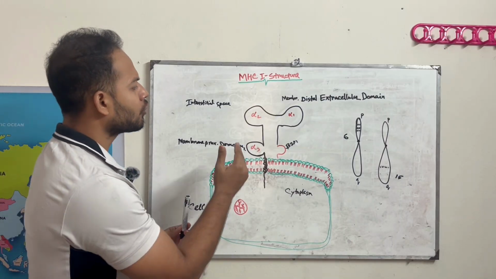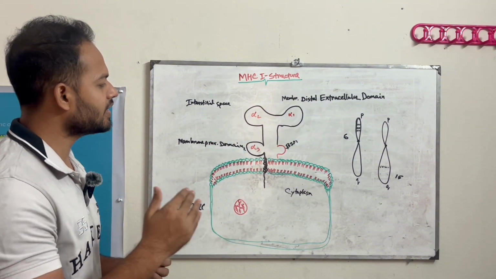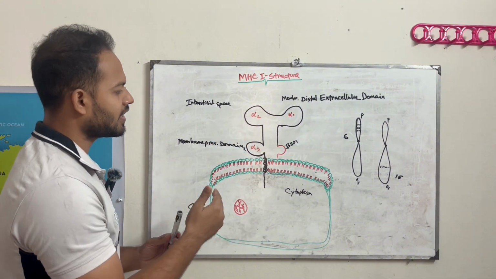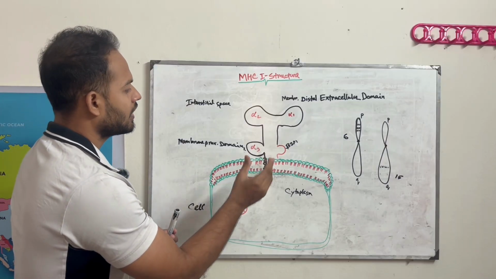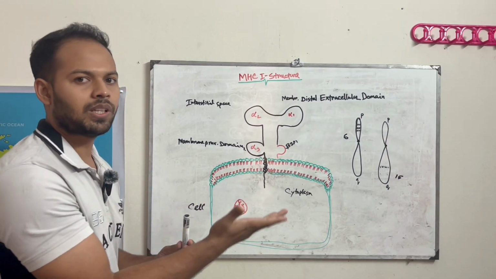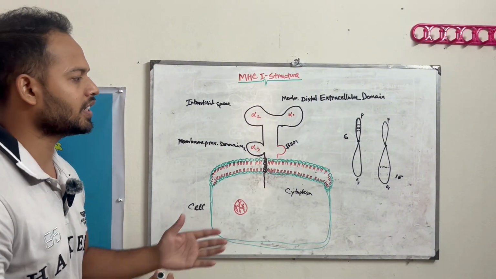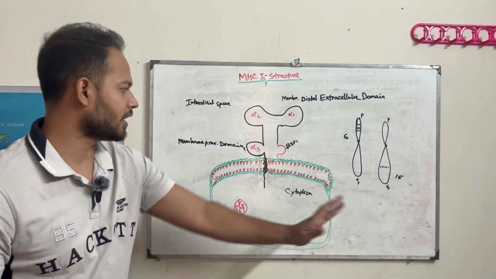It binds non-covalently with the alpha subunit, and it is similar in structure and organization to the alpha 3 domain. It is not a membrane-bound molecule; it's just a secretory molecule from another gene. As you know before, it comes from chromosome number 15.